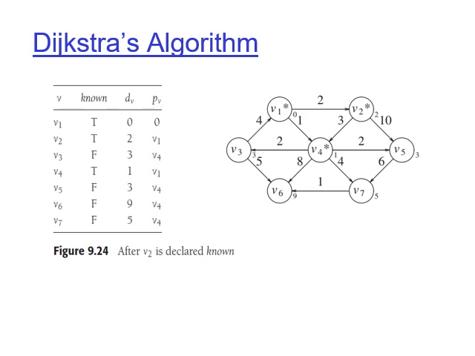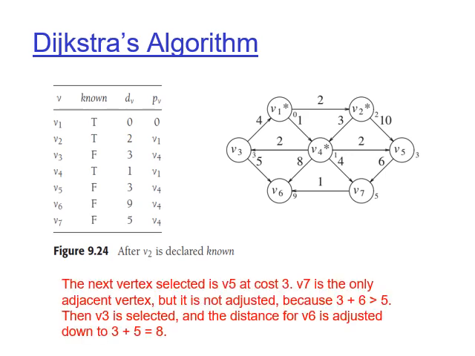There is no specific decision that we can make here. It won't have any impact on our shortest path weight values, right? Although the routes can be different, the shortest path weight values are always unique. So the author selects the next vertex to be V5, whose cost is 3.